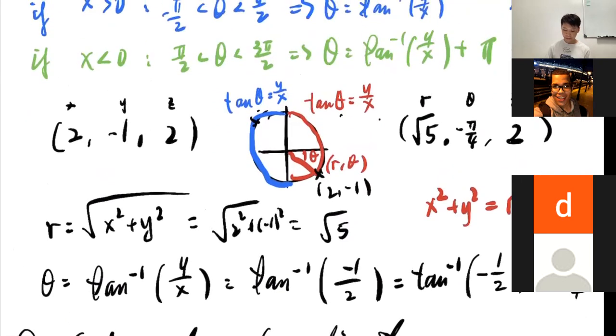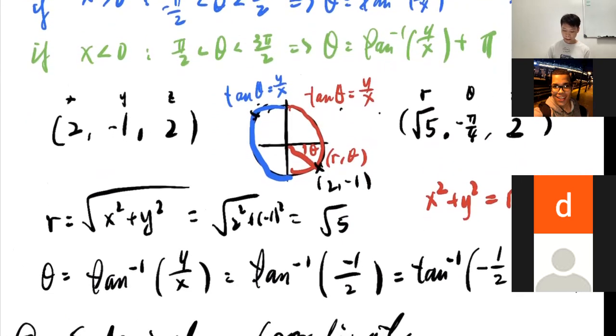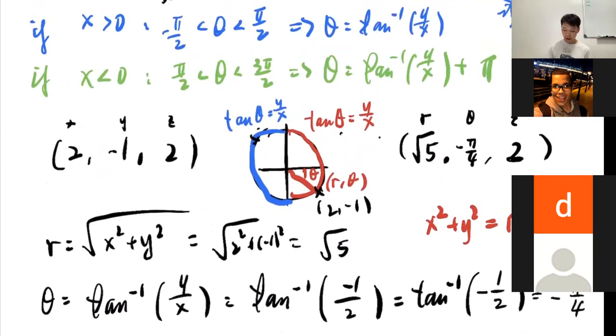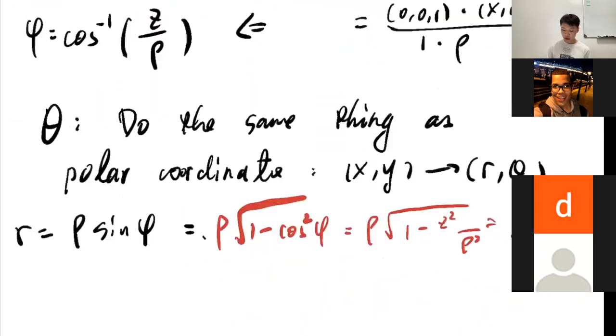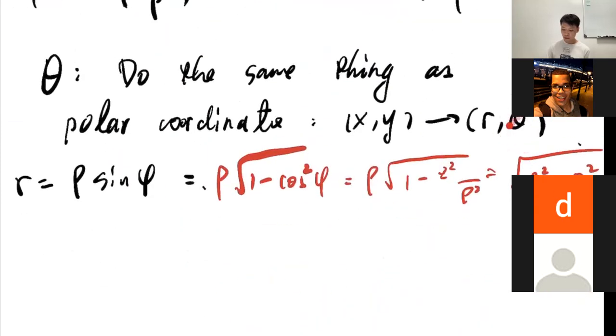If we have x and y, you will have your theta and r, right? Except in this case, your r is determined by rho and phi.